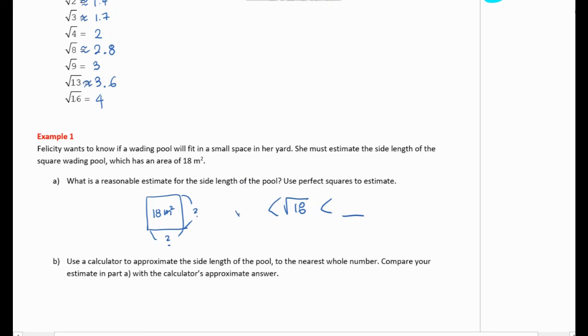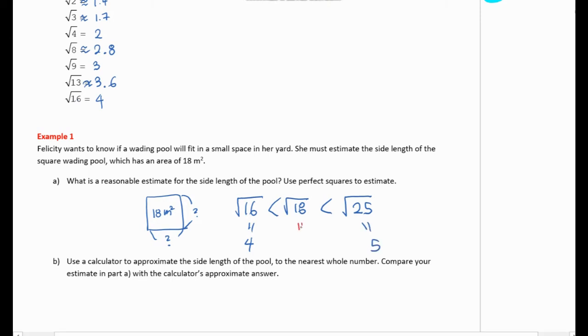So that is square root of 16. Is that right? What is the larger perfect square number? That is square root of 25. And square root of 16 is 4, and square root of 25 is 5.